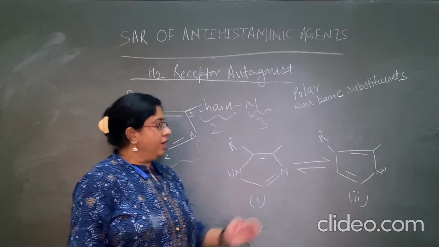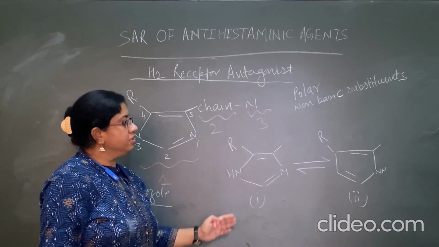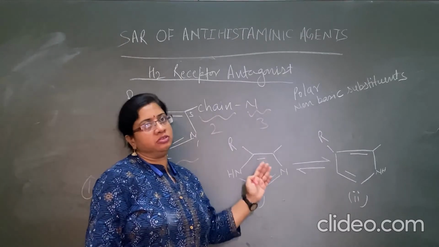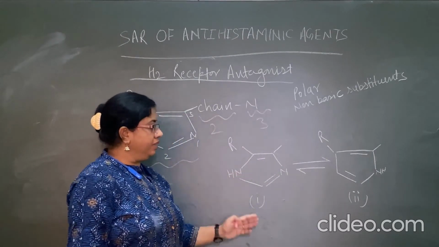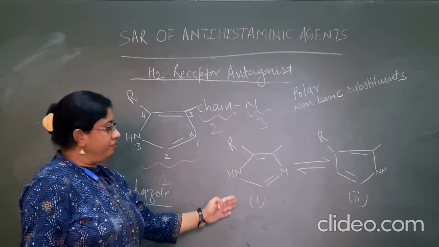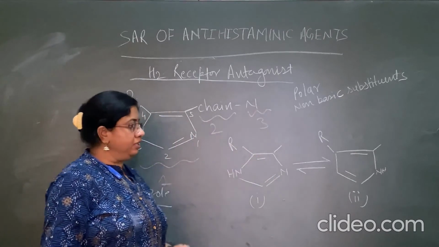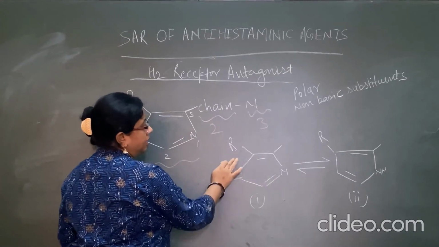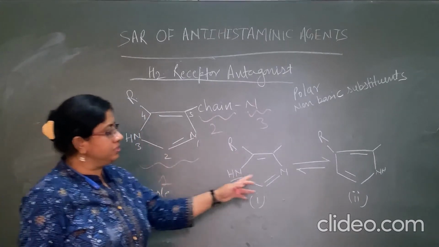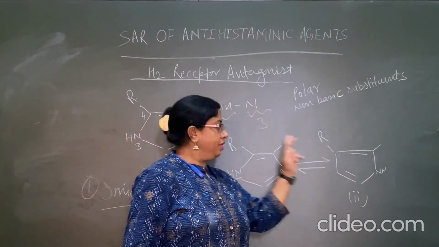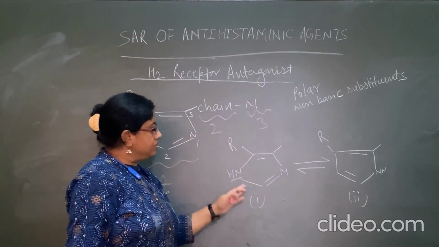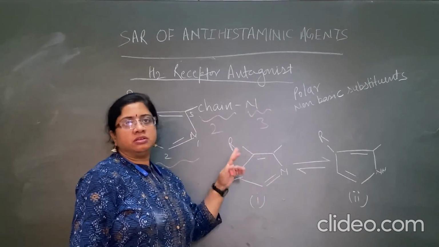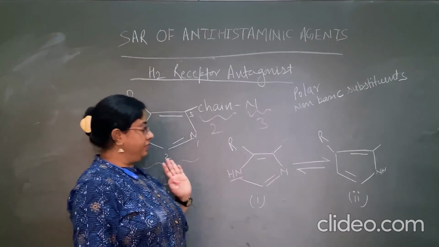Now you have to explain which conformation is necessary for antagonistic activity. Here, of 1 and 2, structure 1 favors the antagonistic activity because the HN group is nearer to this alkyl substituent, while here it is far from it. So for H2 receptor antagonism, structure 1 is favored.